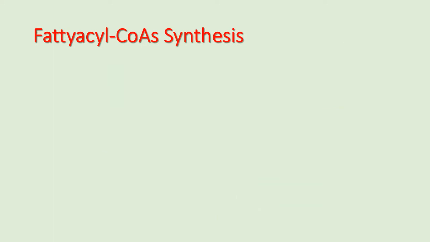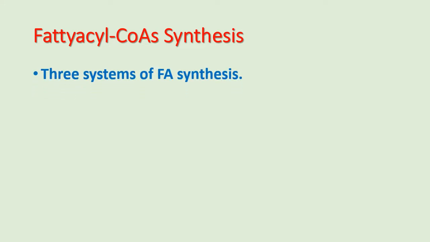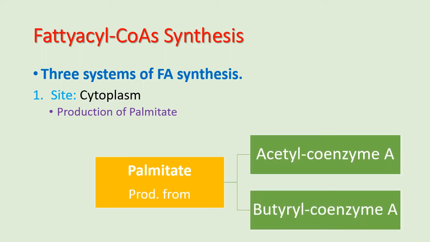Fatty acyl-CoA synthesis. It is generally considered that there are three systems of fatty acid synthesis. The first system is highly active in the cell cytoplasm, and it results mainly in the production of palmitic acid or palmitate from acetyl-CoA, or in some cases in the production of butyryl coenzyme A. Almost all other fatty acids are produced by the modification of this acid.